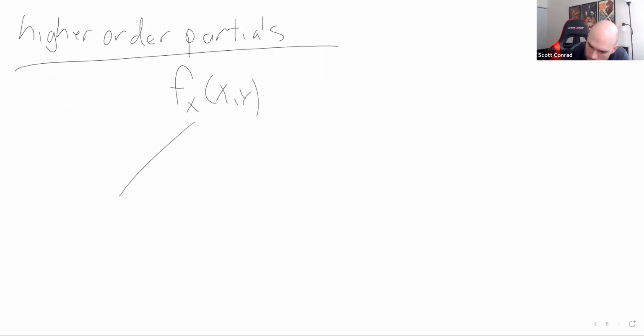So if we have a function f of x y, we could take the partial with respect to x of f of x y, and that gives us f sub x. Or we could take the partial with respect to y, and that gives us f sub y.